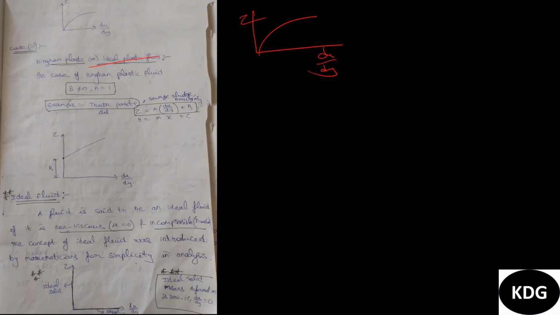Next is Bingham plastic or ideal plastic. In case of a Bingham plastic fluid, B is not equal to 0 and n equals 1. Examples are toothpaste, gel, etc. The plot will be like this, shear stress versus du by dy.